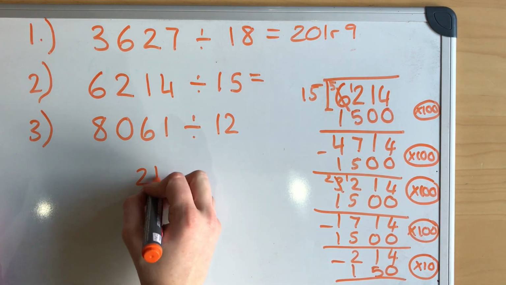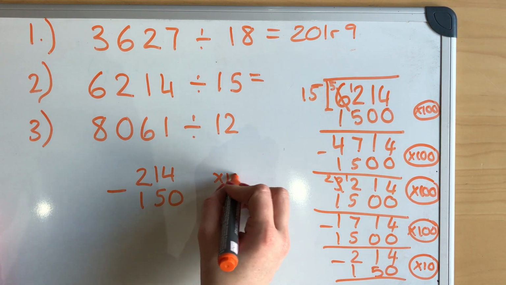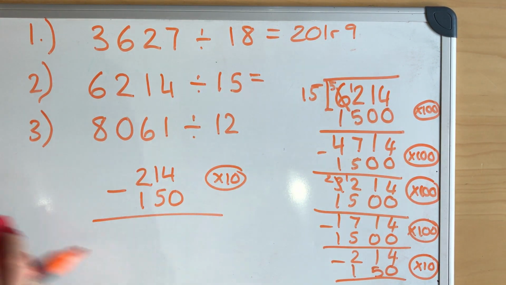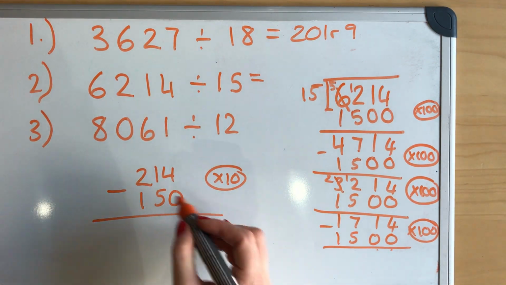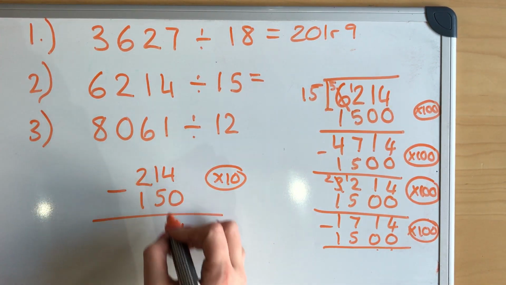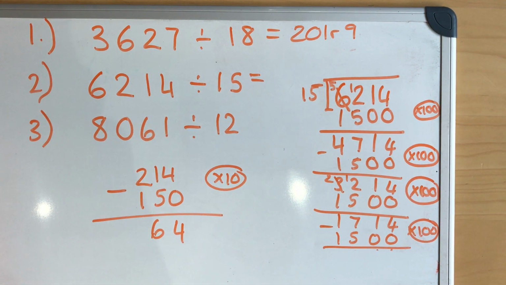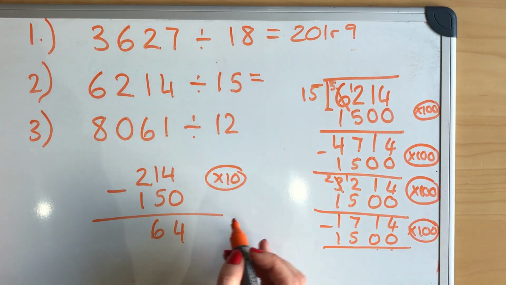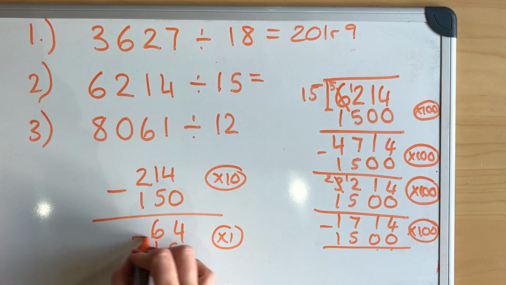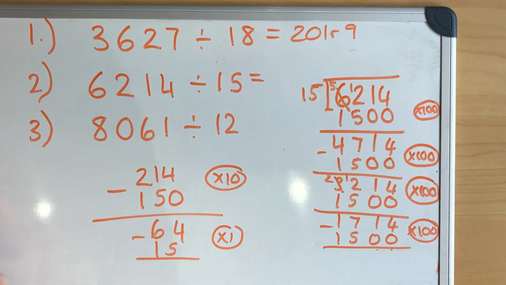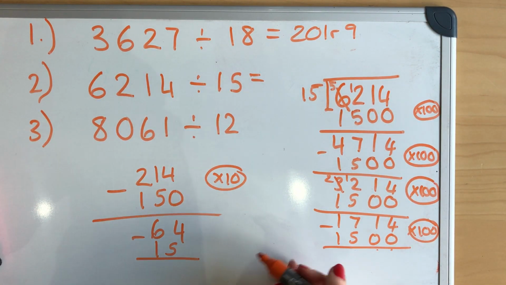So we're up to 214, subtract 150. That's a group of 10. And just so I don't confuse myself, let me just rub it off the end. Then I'm left with 64. So then I can take away one group, which is 15. Actually, I know that 2 lots of 15 is 30.